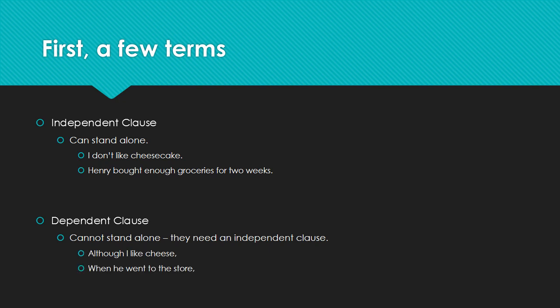Another example of a dependent clause is, when you went to the store, again, you can immediately recognize that this clause is missing something. In sum, independent clauses can stand alone, while dependent clauses require an independent clause to be complete.